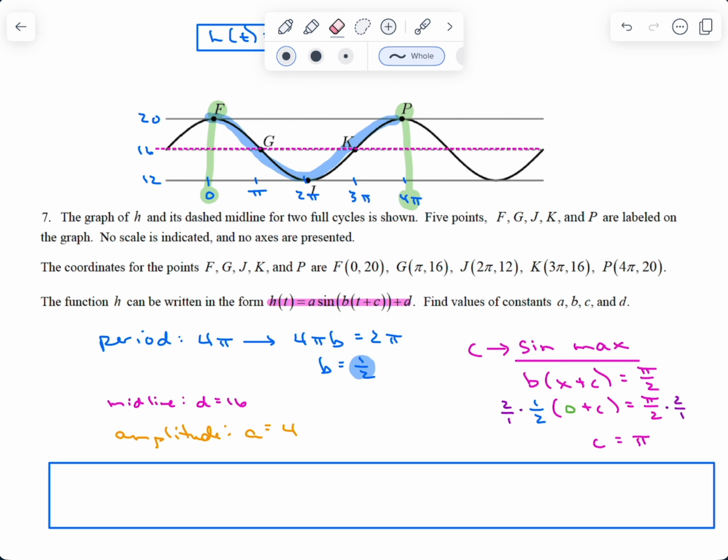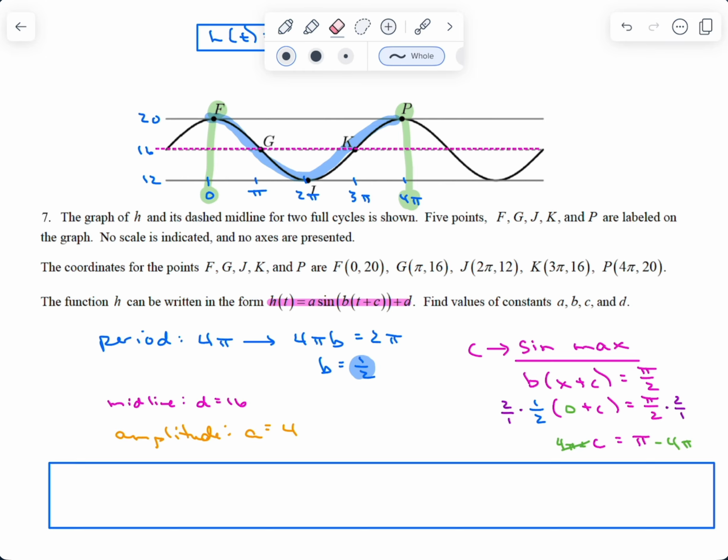Now, if that wasn't a 0, if I would have used the 4 pi over here, if I would have plugged in 4 pi plus C, then all I would have had to do was subtract 4 pi from both sides, and that would have been negative 3 pi.